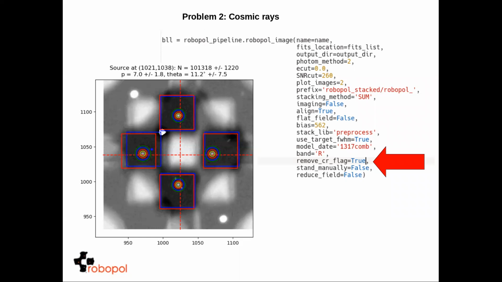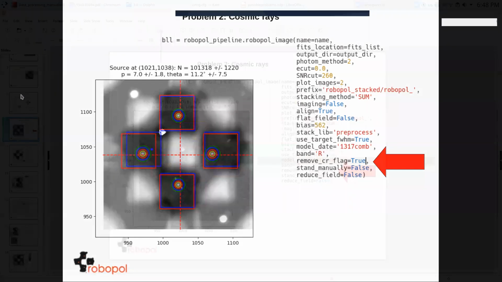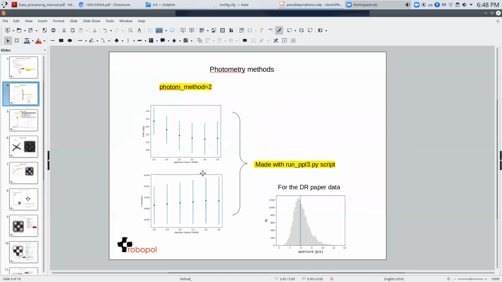So I typically don't run it every time with this flag true, because it increases processing time by a factor of 4 or something like that. I believe that if you process the way I do it, like I explained before, and plot this dependence of polarization parameters on the aperture, you should be able to trace the situation when you have a cosmic ray.